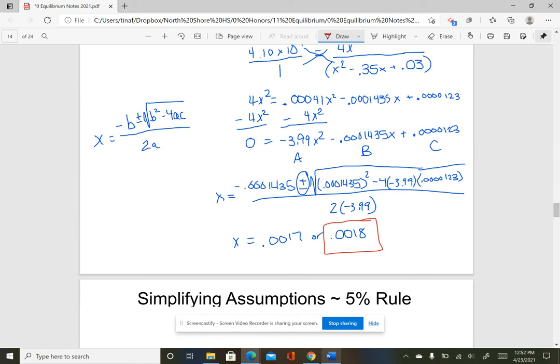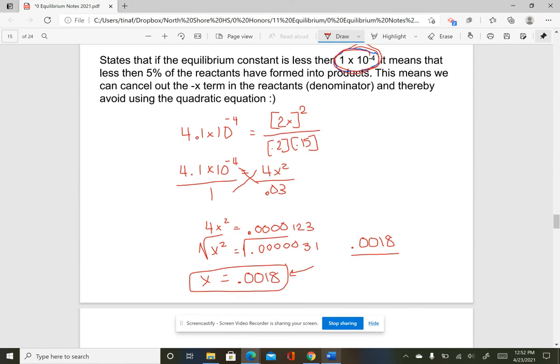So if I take 0.2 and put that on the bottom, I want to calculate the percent. So 0.0018 divided by 0.2 times 100. 0.9%. So only 0.9% of the reactants turned into products. Is that smaller than 5%? Yes. So that means that I was allowed to do it this way.